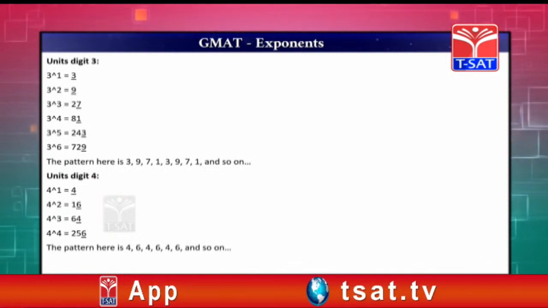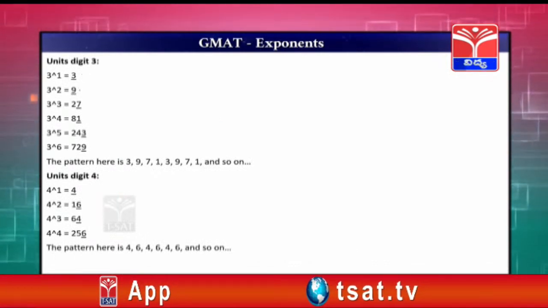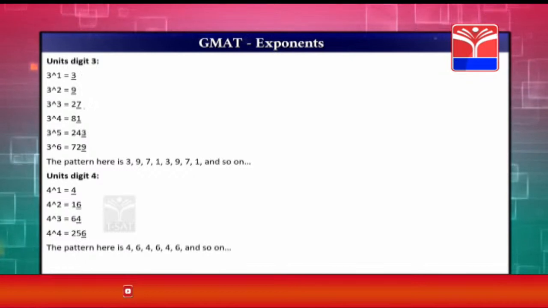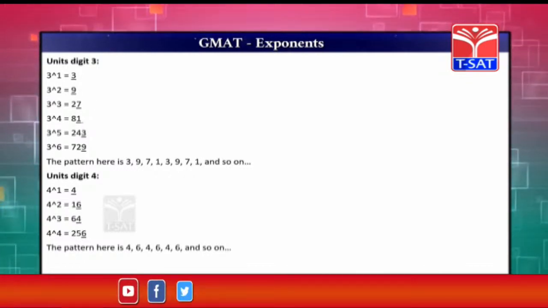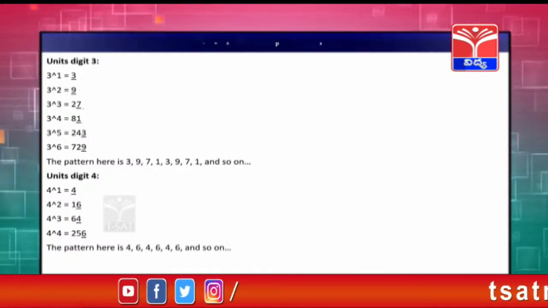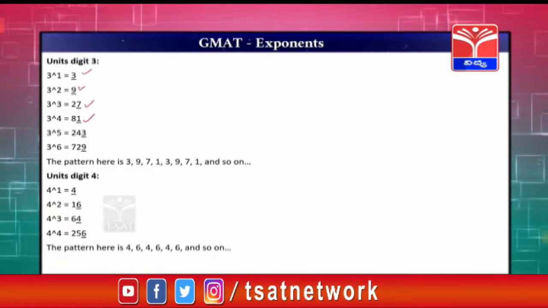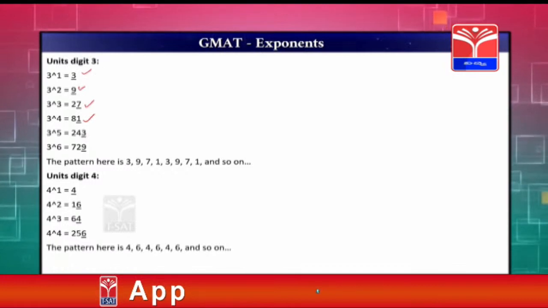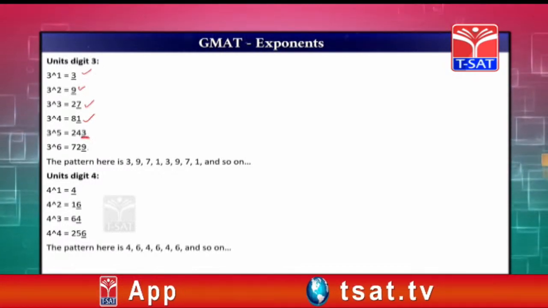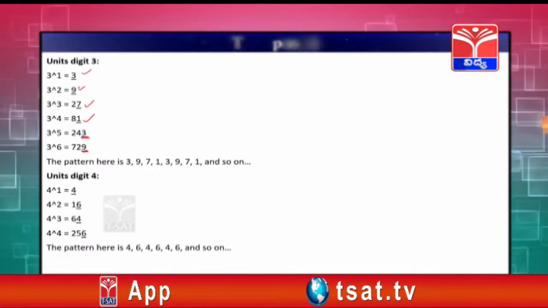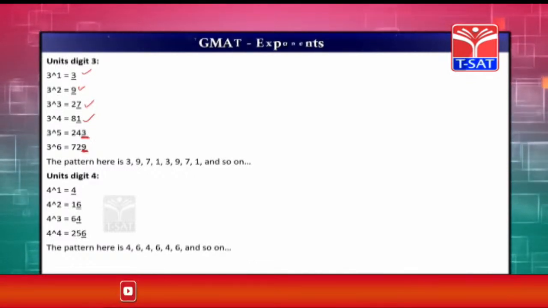When you look at 3 to the power of 1, it is 3, 3 squared is 9, 3 cubed is 27, and 3 to the power of 4 is 81. Again, you only focus on the units digits. Then 3 to the power of 5 is 243 with units digit 3, and 3 to the power of 6 is 729 with units digit 9.